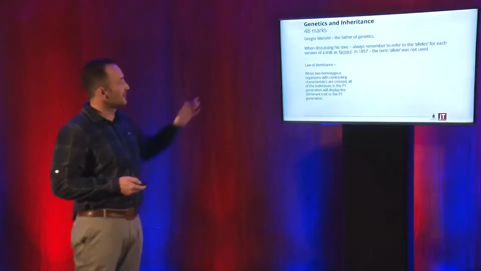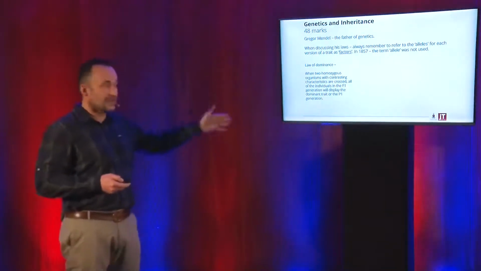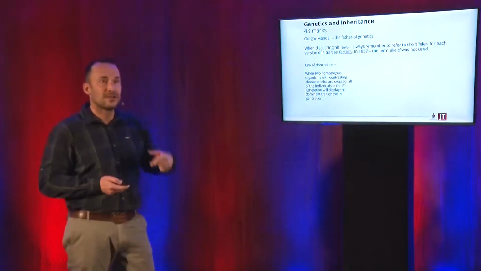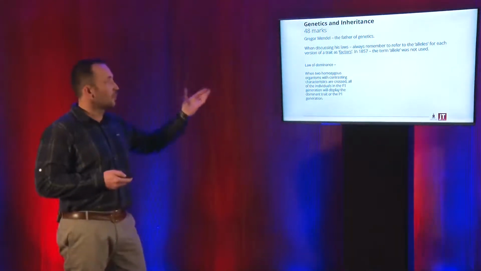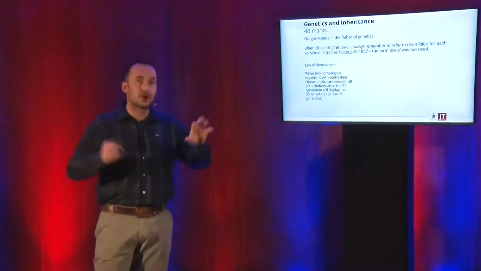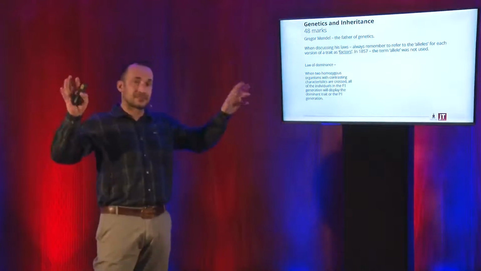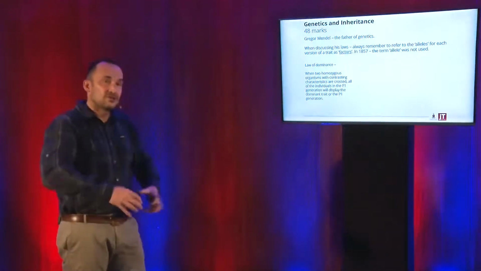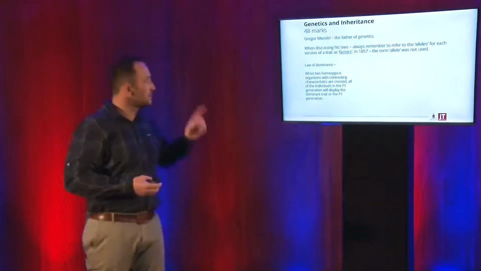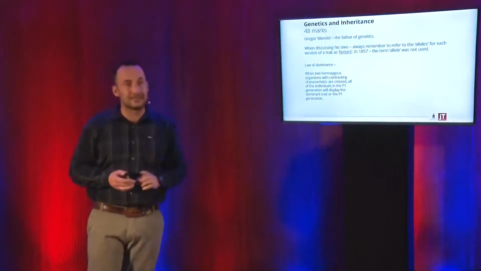Okay, if we're looking at his law of dominance, I've put it on the screen for you. It's very simple. When two homozygous organisms with contrasting characteristics are crossed with one another, what you're going to see in the offspring is the dominant trait in the P1 generation.